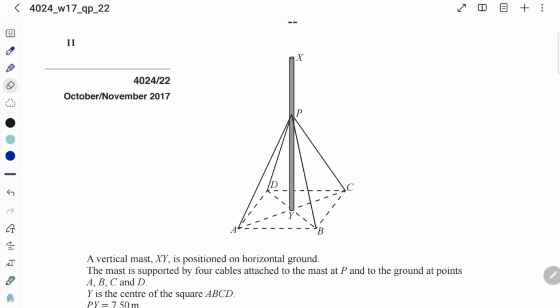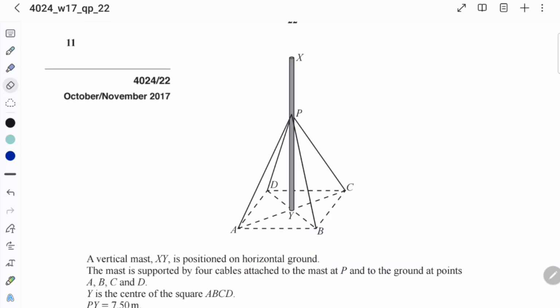A vertical mast XY, this one, is positioned on the horizontal ground. The mast is supported by 4 cables, and they are attached to points on the ground A, B, C and D.